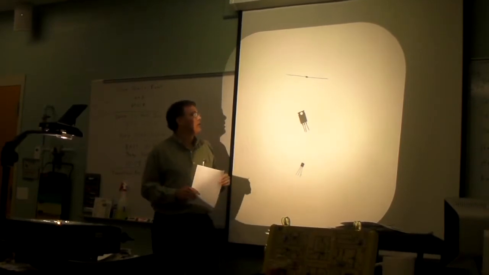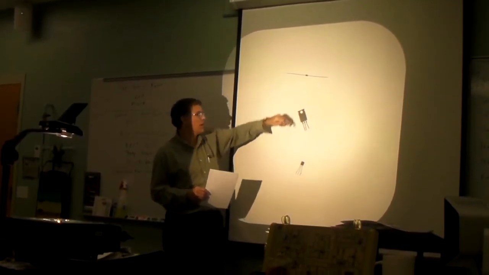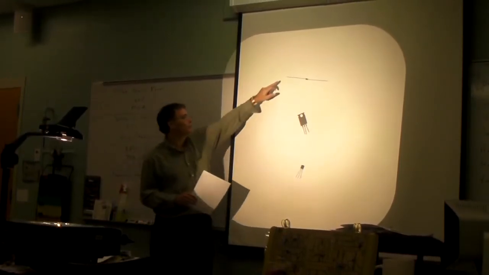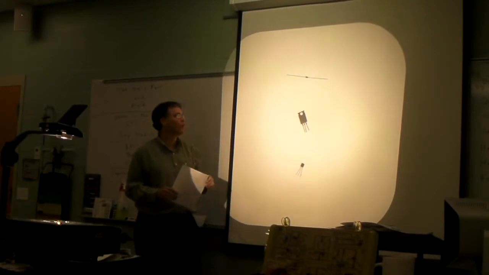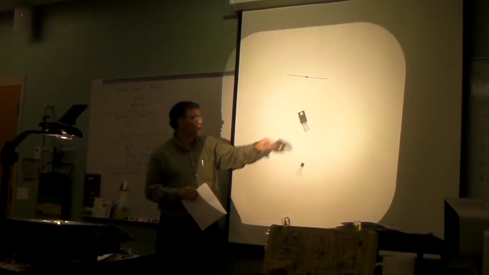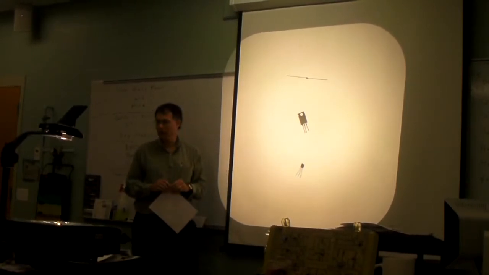Now, this is a zener diode, and as a matter of fact, these two devices here are designed for voltage regulation, as you all may recall. This zener diode is designed for low current voltage regulation applications, and this integrated circuit voltage regulator is designed for high current applications.